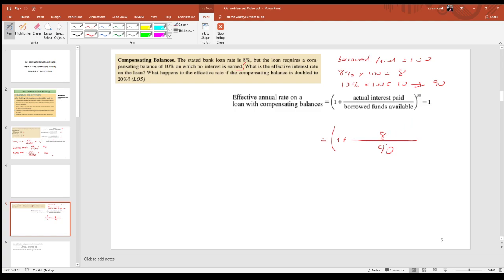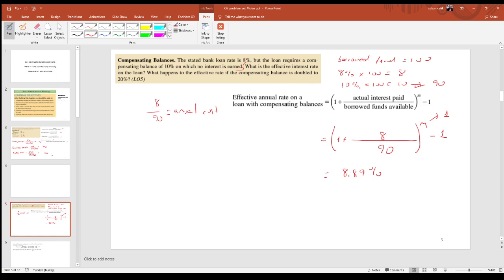So this is going to be your annual cost, 8 over 90, and from this you can find the result will be 8.89%.